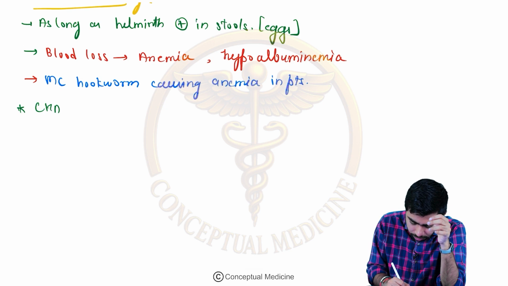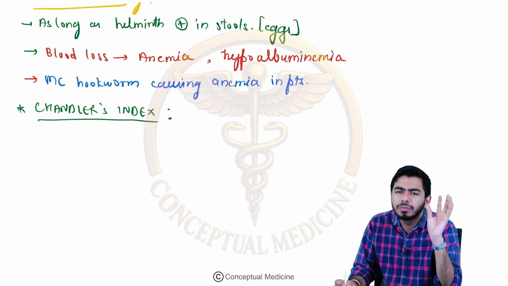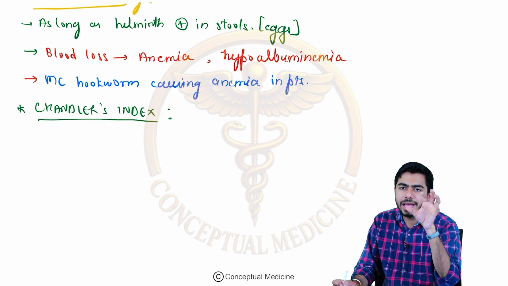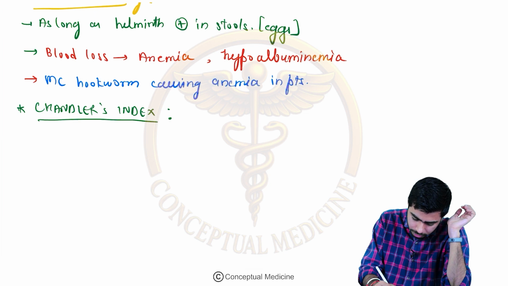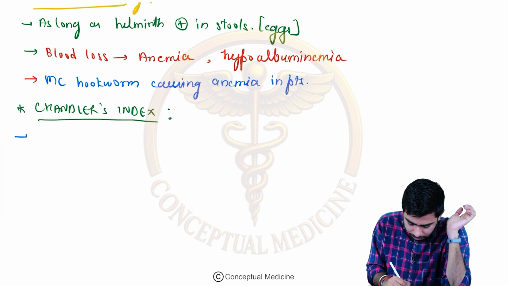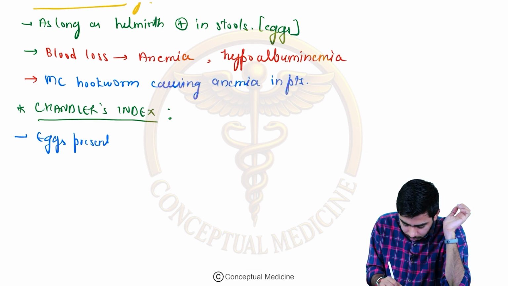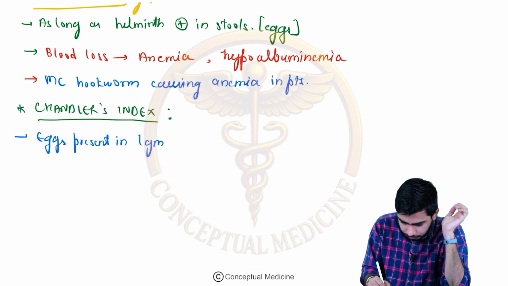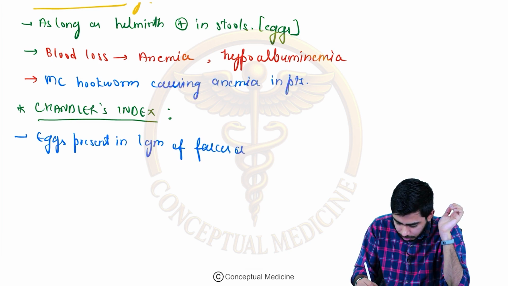Chandler's index is the parameter by which we are determining the eggs in 1 gram of feces among the population. So what we are checking with Chandler's index is nothing but eggs present in 1 gram of stools among the population, right?